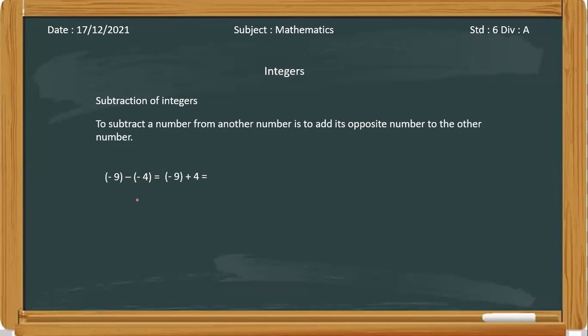We have written -9 as it is, substituted a plus sign for the minus, and instead of -4 we have written its opposite, which is 4. Now it's an addition sum, right? You have done addition sums previously. So tell me, what are we going to do in this sum, -9 plus 4? There is one negative number and one positive number. Are we going to add or subtract?